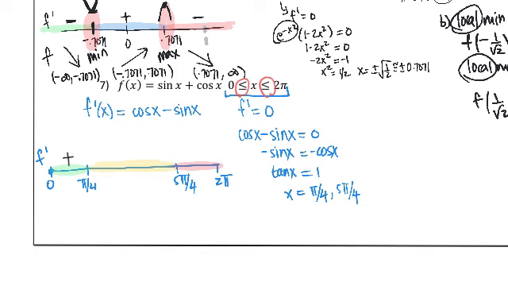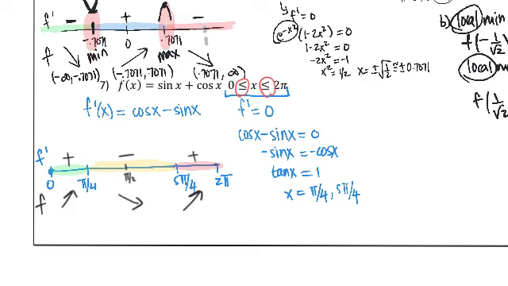Here it's positive. Here I can take pi over 2 as my spot and go cosine pi over 2 is 0, minus sine pi over 2 is 1, so here it's negative. And here when you pick 2 pi, you'll find that it's positive. So f is increasing, decreasing, increasing, and then you can write that in interval notation like we did before.